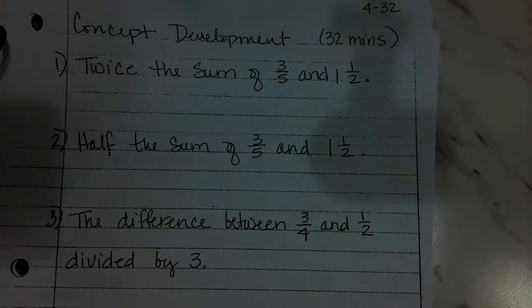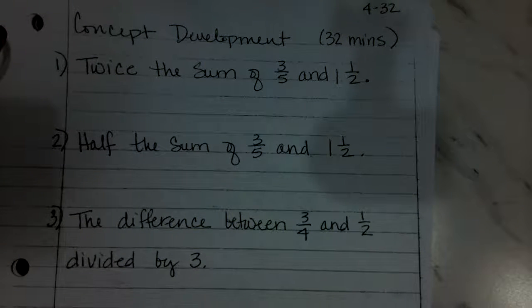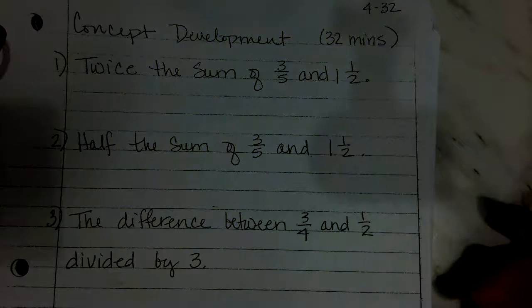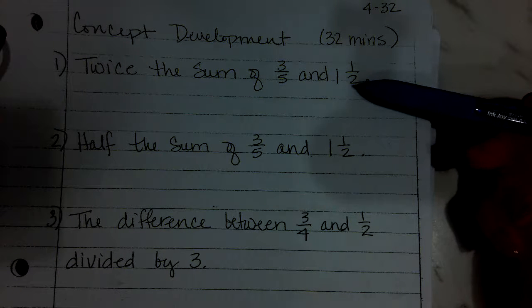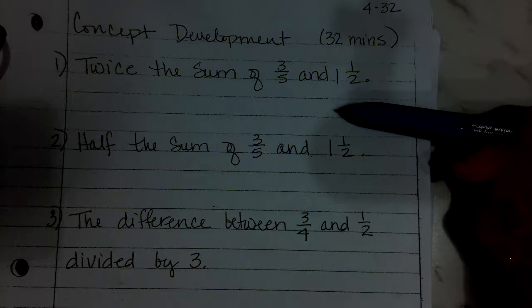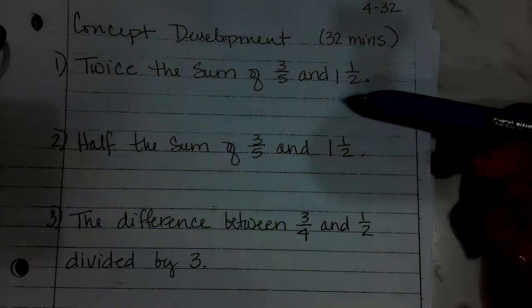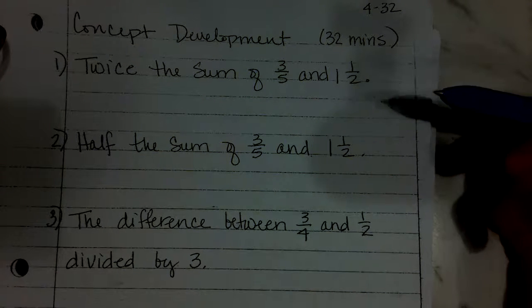So, what do you think? What do you notice? What do these words mean? And how do we take the words and translate them into a mathematical expression with numbers and symbols? So what does it mean?